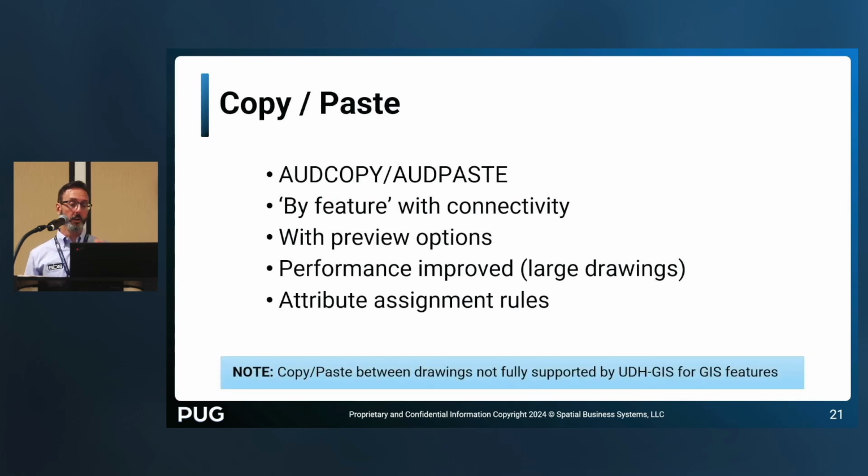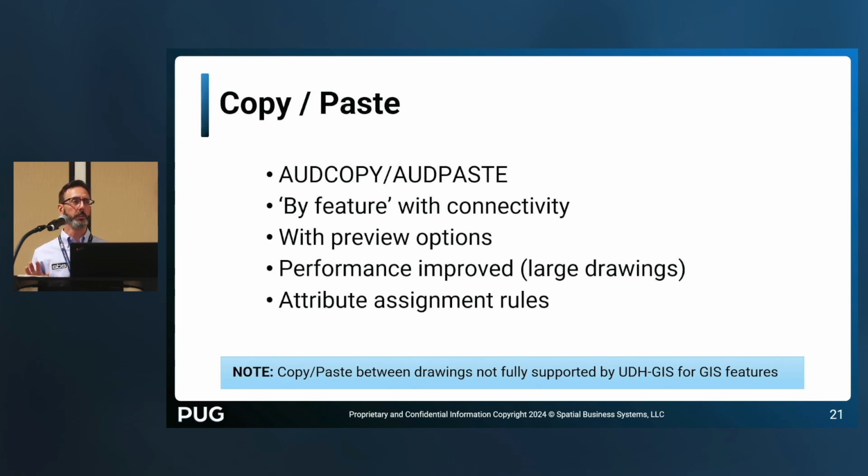I do want to mention a caveat with this about the UDH GIS. We don't yet have a solution in copy paste that copies and pastes the metadata that UDH GIS uses to track the GIS export. So if you copy and paste data that has been GIS exported, it is going to be pasted as if it were new, as if it were not from the GIS.